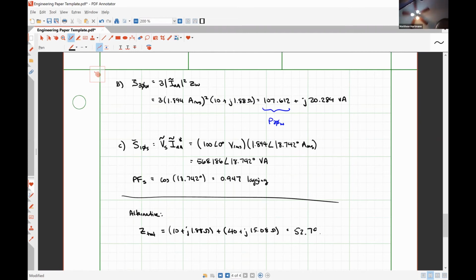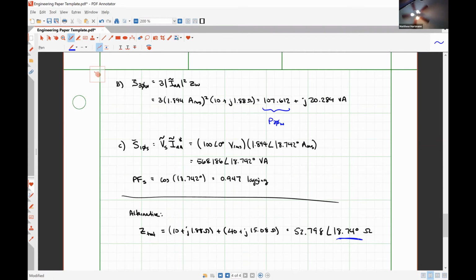That's 52.798 angle 18.74. And we could take the cosine of that angle, and we would also get the power factor. So try not to forget that the power factor angle is simply the angle of the impedance as well.